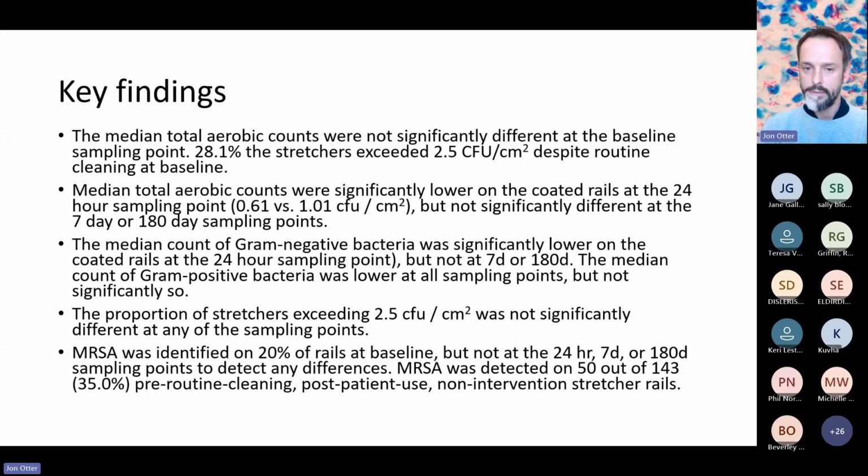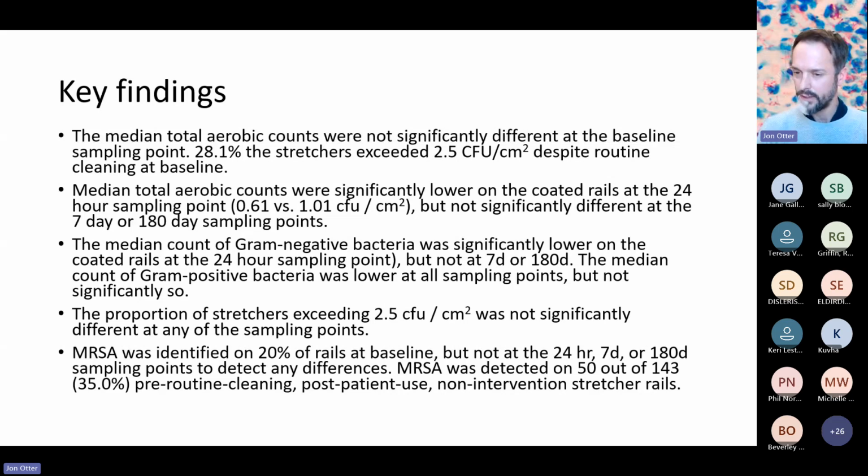The median total aerobic counts were significantly lower on the coated surfaces at the 24-hour sampling point, with around 0.61 versus 1 CFU per centimeter squared, but they were not significantly different at the 7-day and 180-day sampling points. Similarly, the median count of gram-negative bacteria was significantly lower on the coated rails, but not at day 7 or day 180.